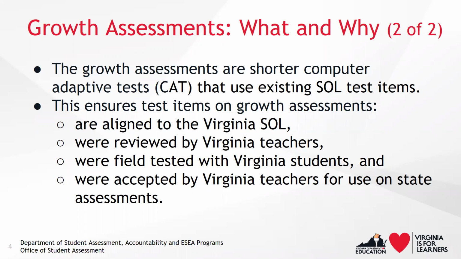This ensures that all of the test items on the grades 3 through 8 reading and mathematics growth assessments are aligned to the Virginia Standards of Learning, have been reviewed by Virginia teachers, have been field tested with Virginia students, and that all items have been accepted by Virginia teachers for use on state assessments.